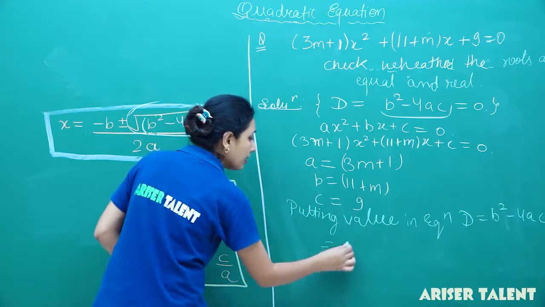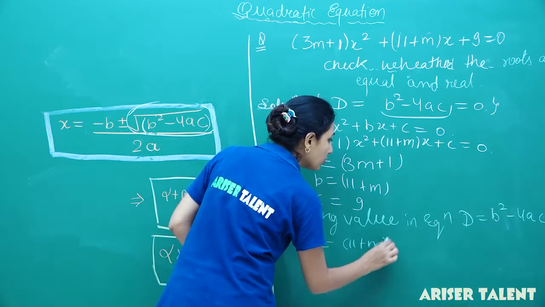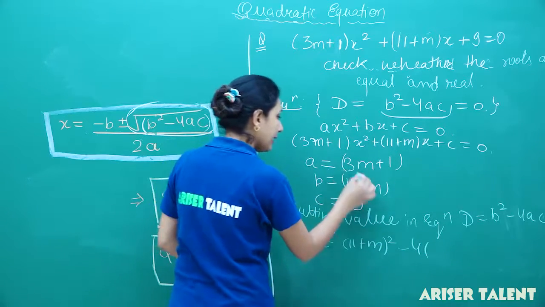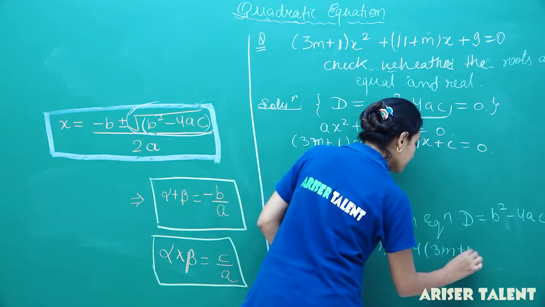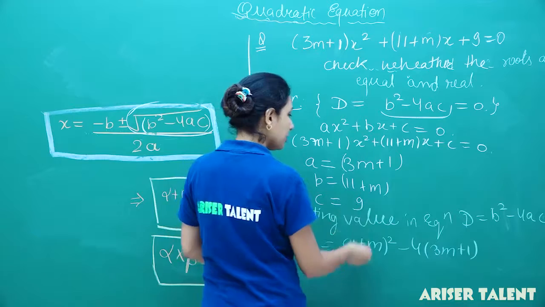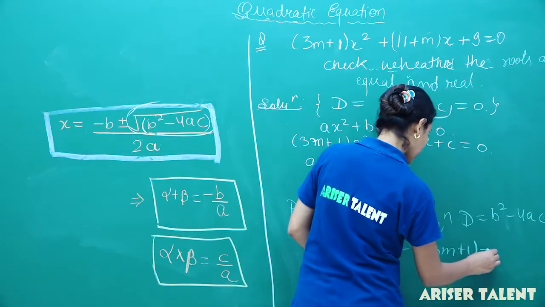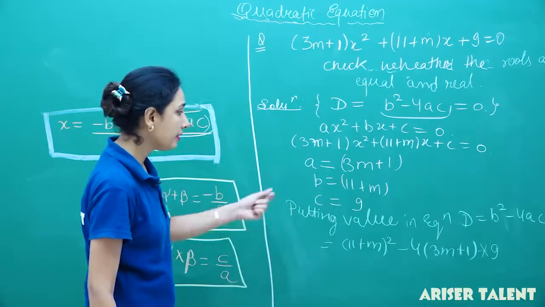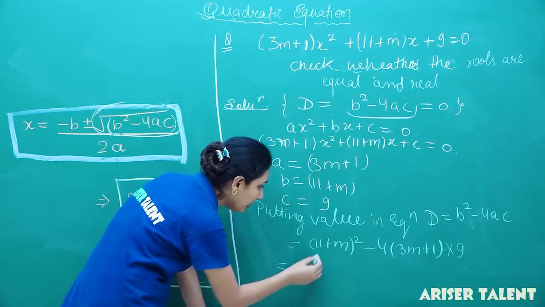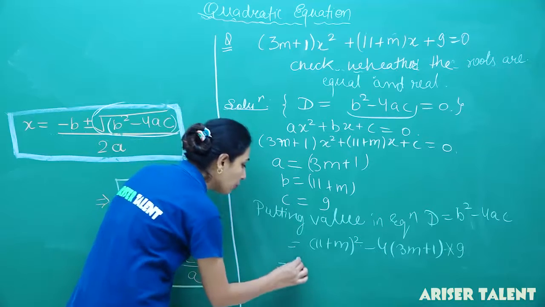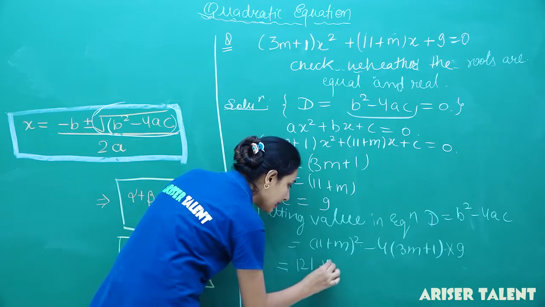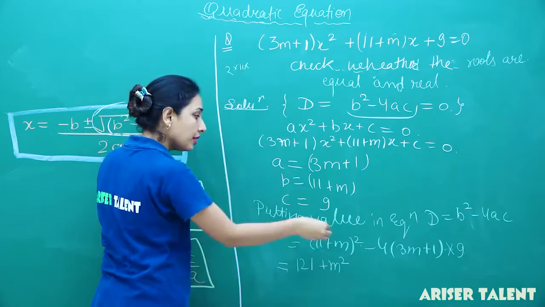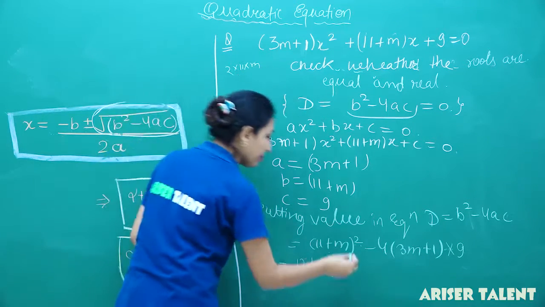B square, this (11 plus m) whole square, minus 4 multiplied by a, which is 3m plus 1, then c is 9. So, 4a and c. Now, when I calculate it, 11 square will give you 121 plus m square plus 2ab will give you 22m.